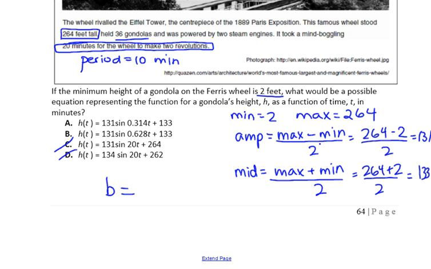So to figure out which one equals 10, you could do 2 pi over your period, or you could do 2 pi over B. Your period should be 10. So here, 2 pi over 10 equals 0.628. So that would be my B value. So the answer is B. Okay.